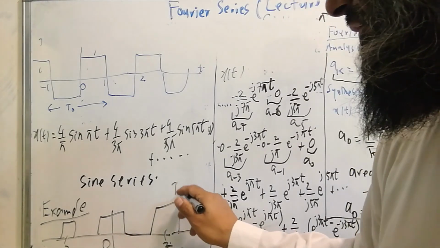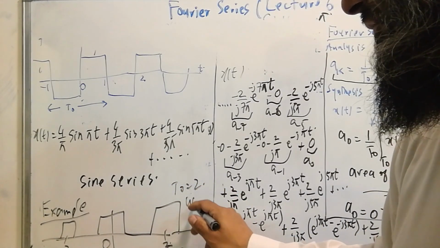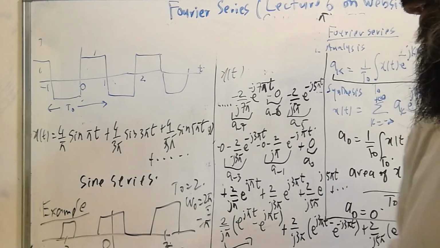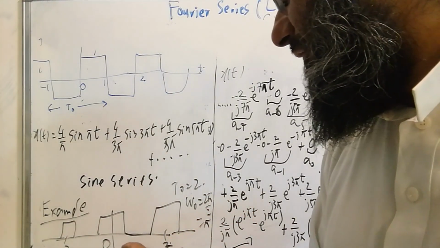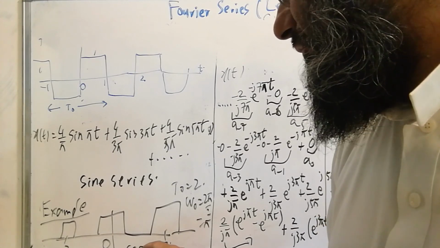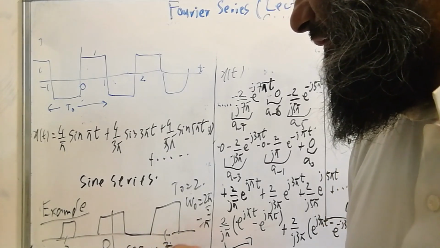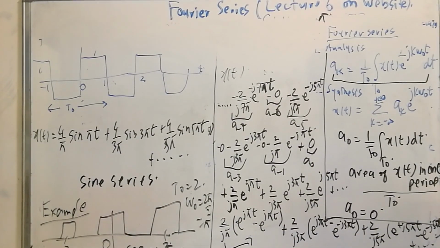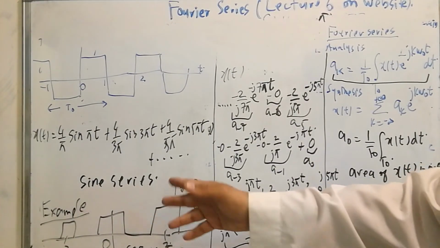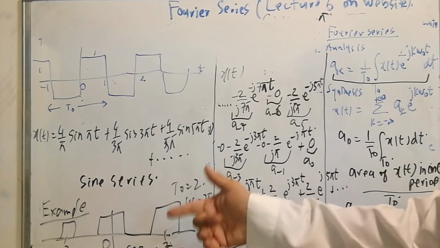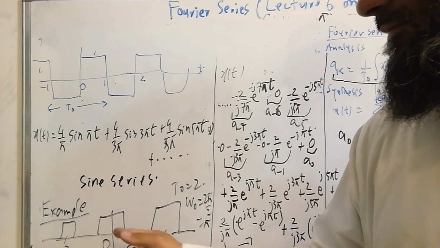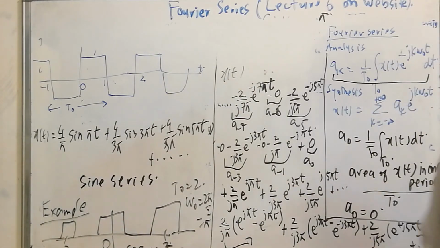So T naught will also be equal to 2 in this case, and omega naught will be 2 pi by 2, which is pi again. But the answer of this, if you do all these steps, will be a cosine series. And this question is available in many places. It is also available in the problem set. So you can look at that, follow the steps, and submit the assignment.